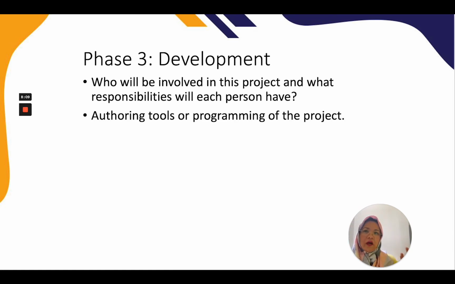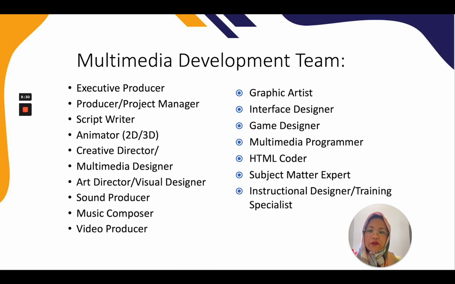Once you are clear about the storyline, and you have the idea of how it's going to look, you start to develop. So here you have to use an authoring tool or certain software to develop whatever you have planned, whatever you have designed just now. Normally, of course, we need a multimedia development team to do this. This is not a one-man show, especially for commercialized applications.